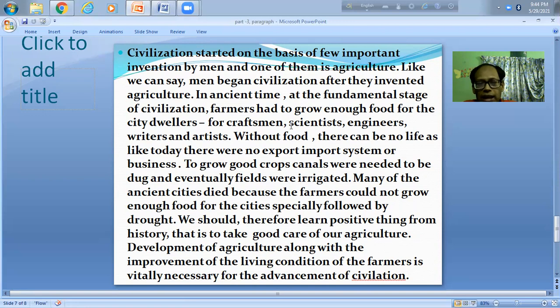Without food, there can be no life. Unlike today, there were no export import business or system.